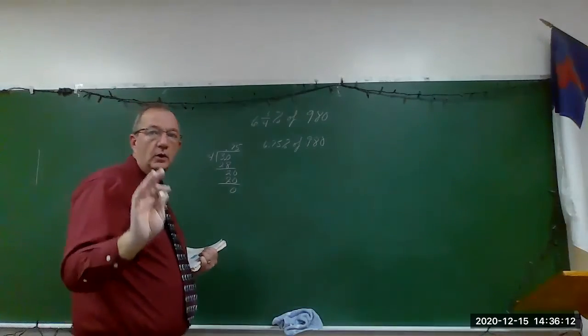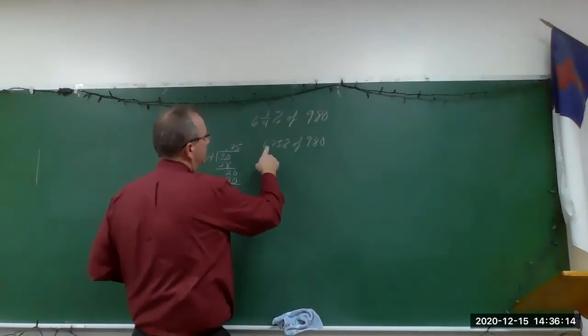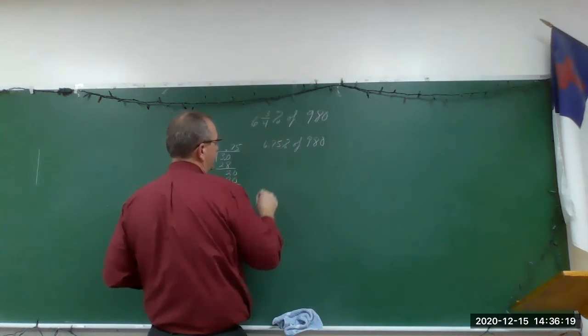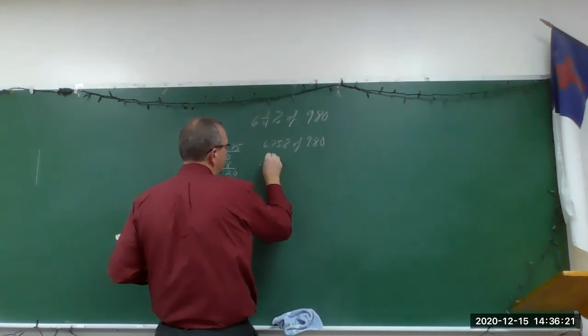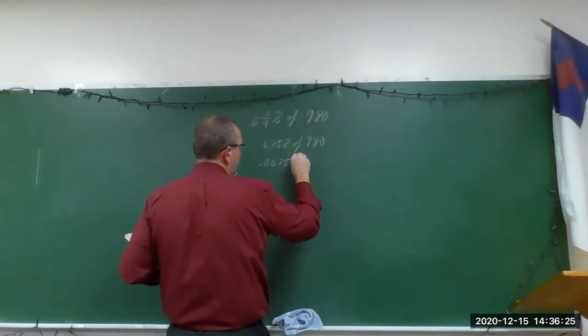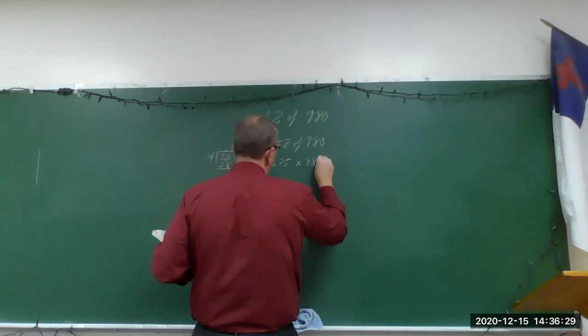Okay, now what's going to happen is you have to move the decimal point 2 places to get rid of the percentage. So it's going to be 0.0675 times 980.